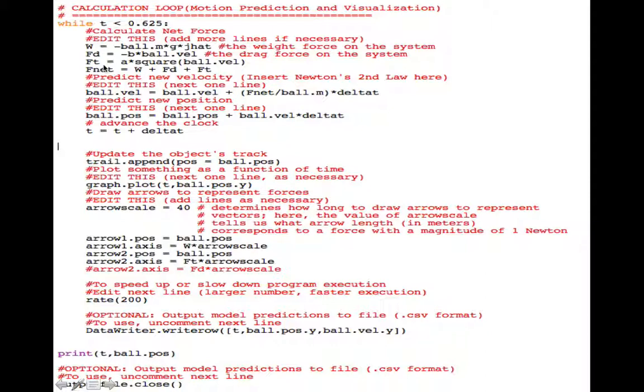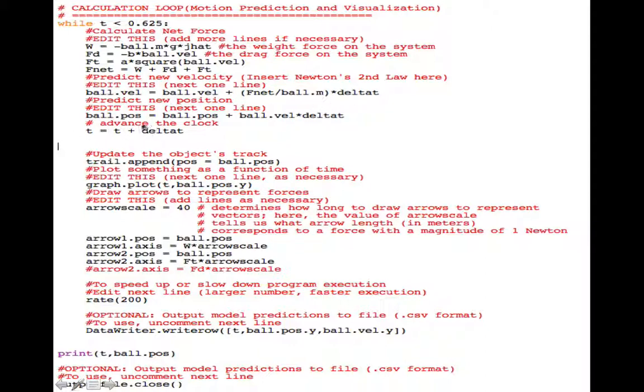Ft is the turbulent drag force, and it is a times the square of the ball's velocity. Fnet is the combination of all forces, which in this case is the weight force and the turbulent drag force. The ball's velocity is determined from Newton's second law: final velocity equals initial velocity plus Fnet over ball mass times delta t.